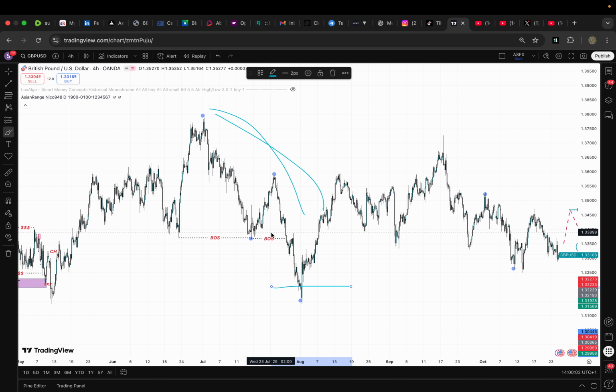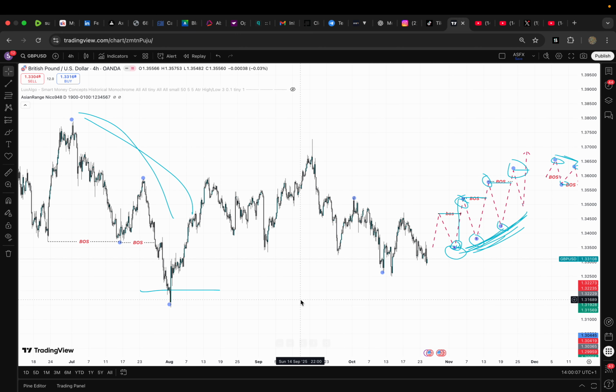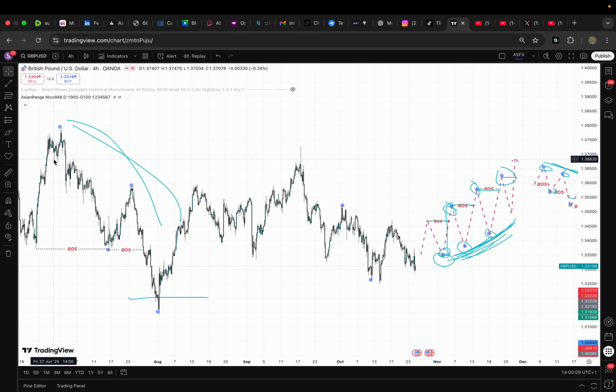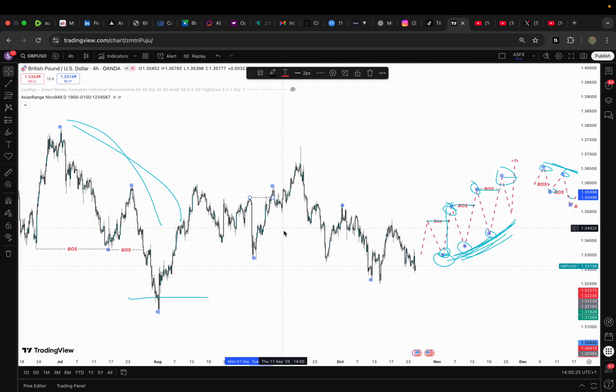And let's say now we're looking for bullish structure. So now we can see that here market is bullish. Why? Because here we have a higher low, and then we have a higher high. Why? Because the market broke above this high here.